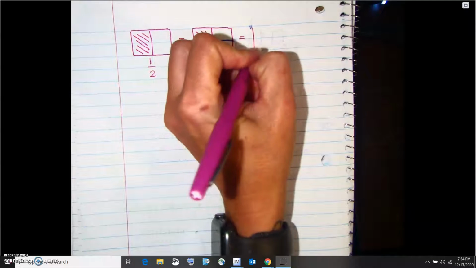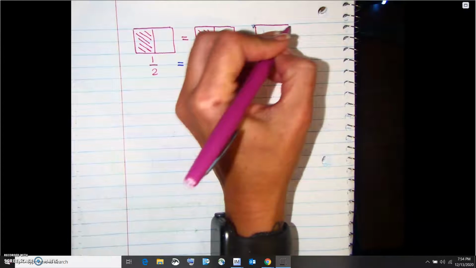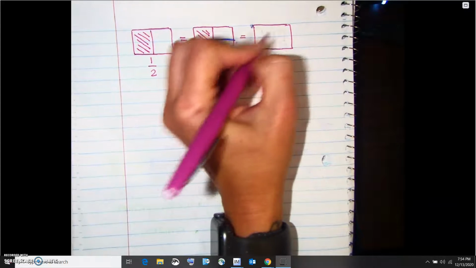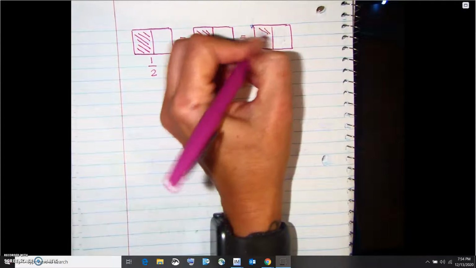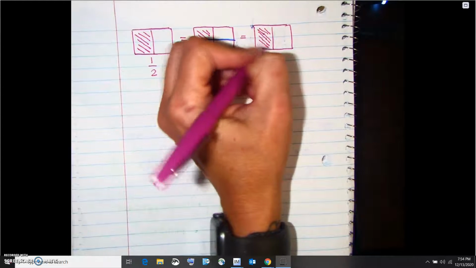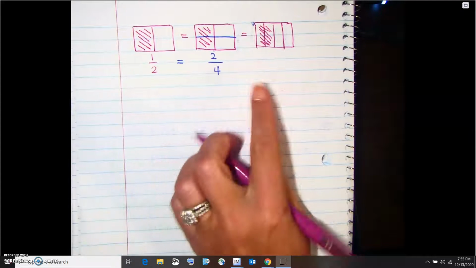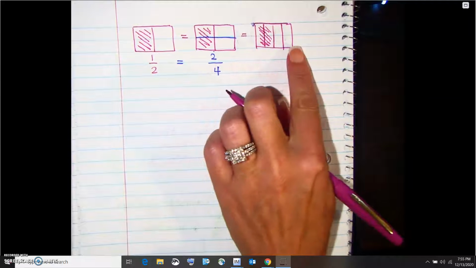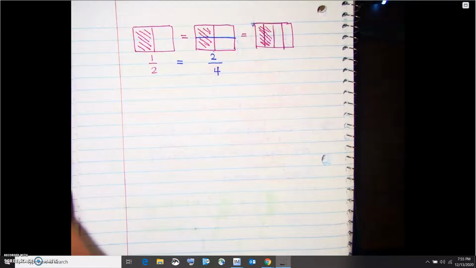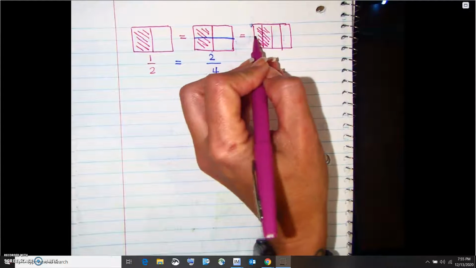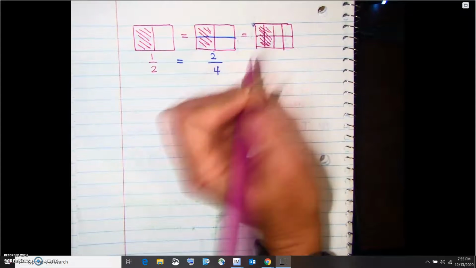Okay, so now let's make one more. So same shape. We're going to start with half because we want to start with equivalent, and then I'm going to add another line here and another line here. So they're equal parts still. They're still equal parts, but now, and then I'm going to do one more line here.